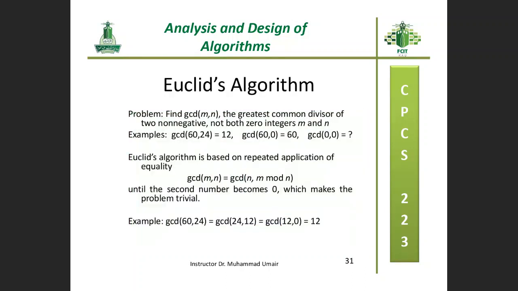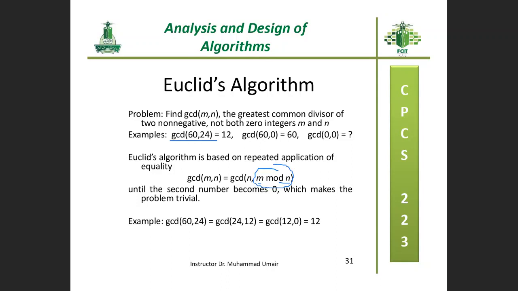For example, one of the popular problems is GCD, calculating the greatest common divisor. There are many ways to find the solution of GCD. For example, in Euclid's algorithm, whenever you want to find the GCD of any two numbers, you divide the first number by the second number, and whatever remainder comes becomes the second parameter.